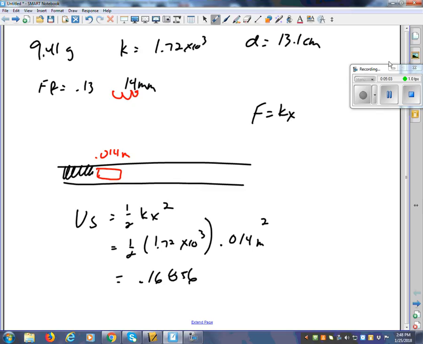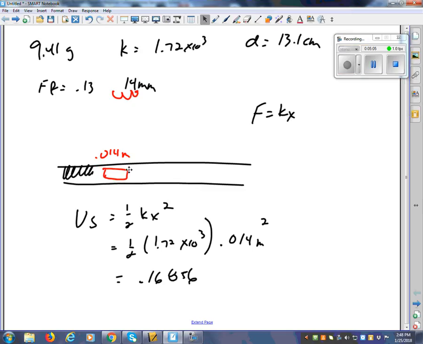Okay. So, as this disc slides down the barrel, it's going to lose some energy because of the friction. How much energy is it going to lose? It's going to go to heat, right?